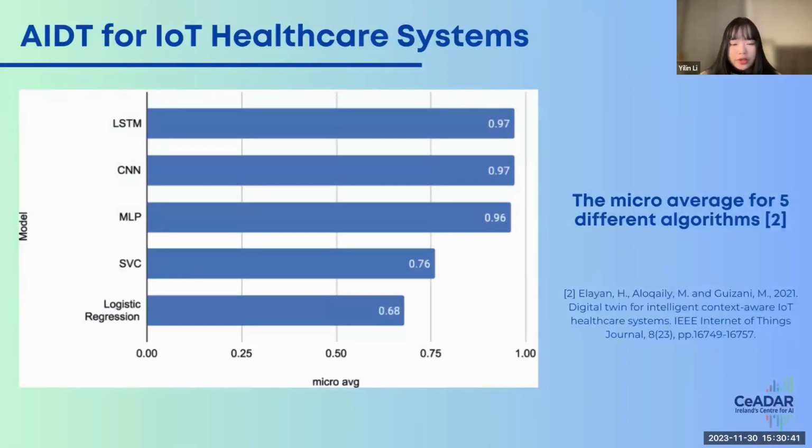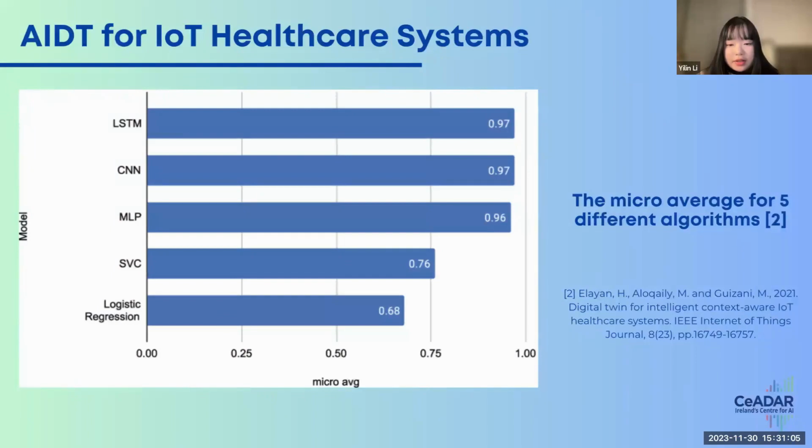So as shown in the figure, the micro average is an averaging technique that calculates the total TP, FP, and so on, which is useful when the test dataset is unbalanced, to calculate the precision.